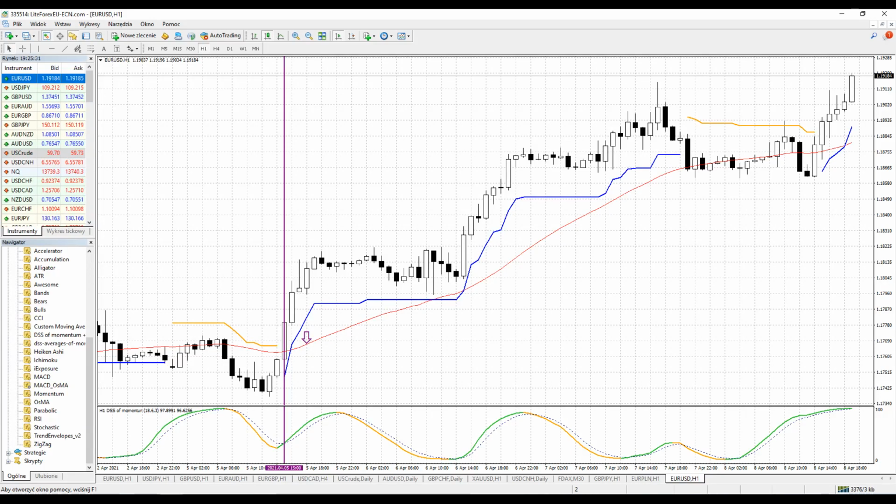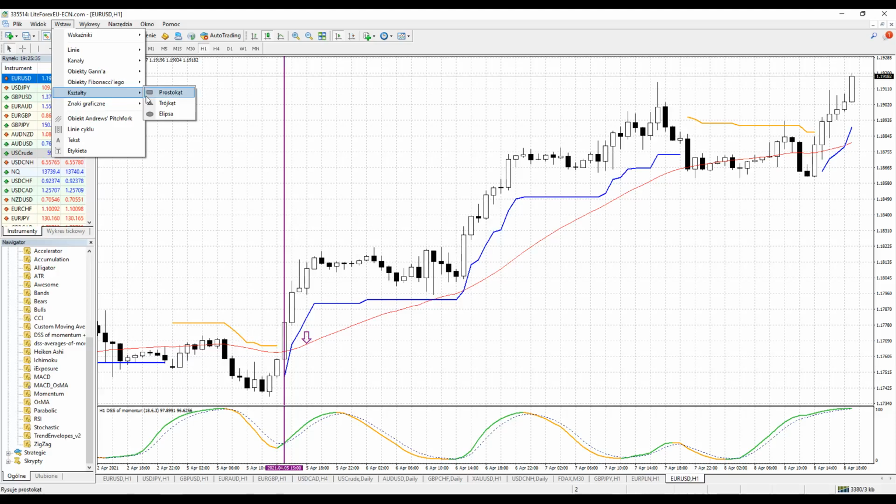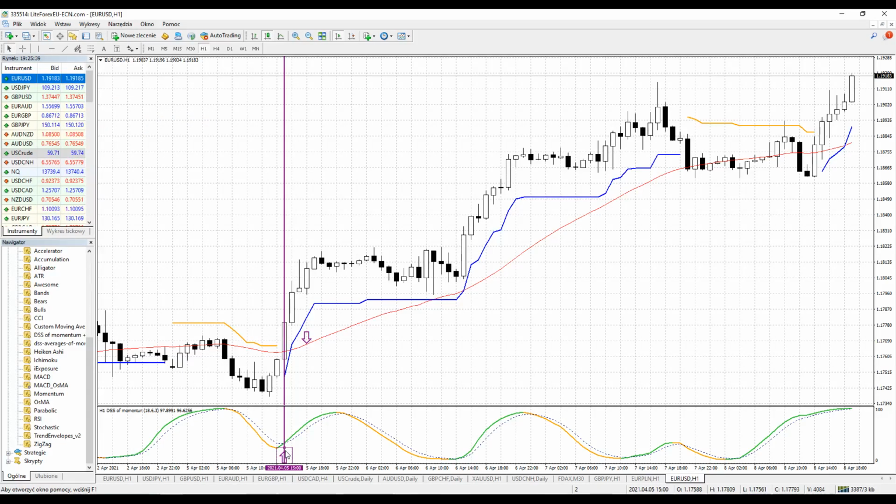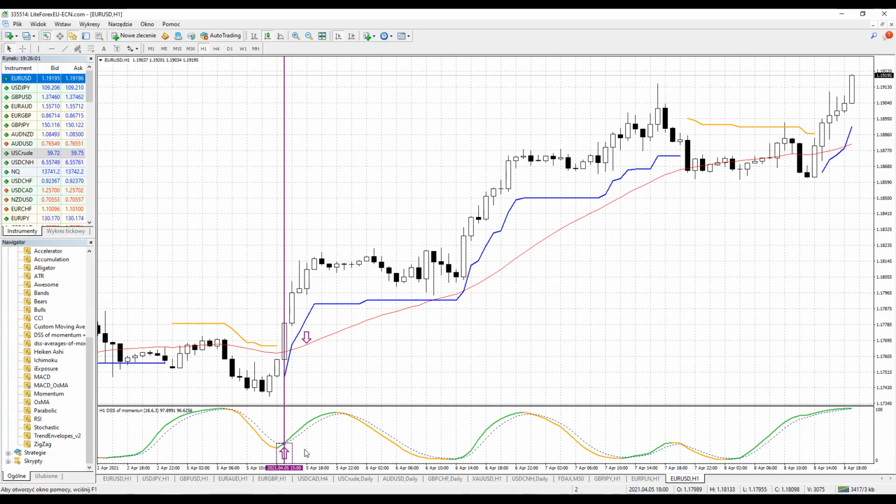It should be green, and as you can see, we just changed the color to green here as well, and we are above the blue dotted line, meaning that we are above the signal line.